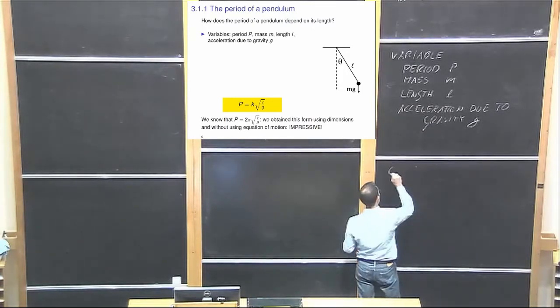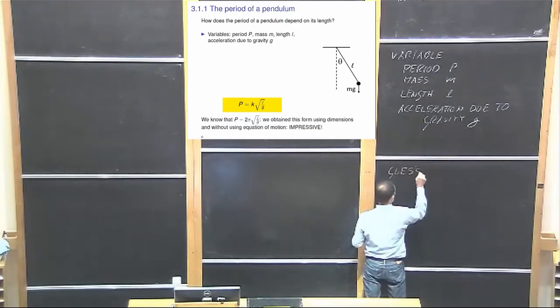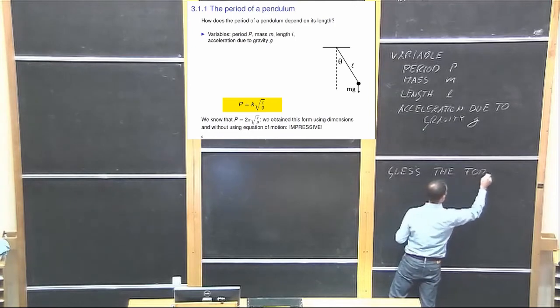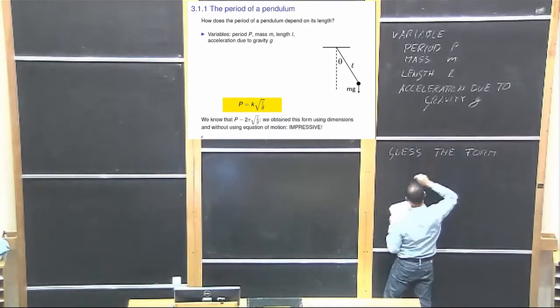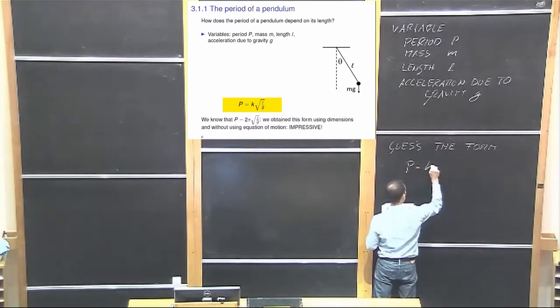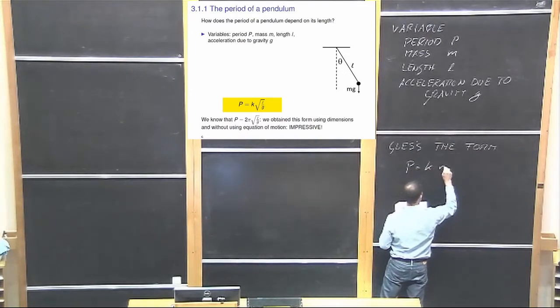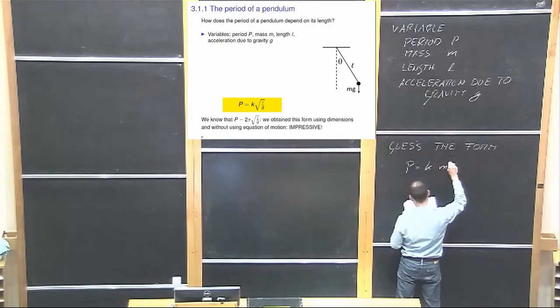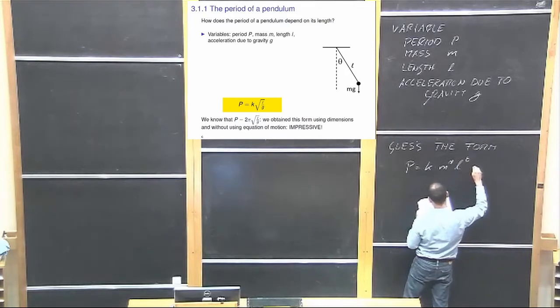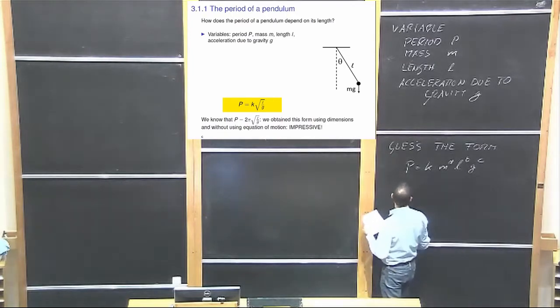So let's guess the form. We have the period P is some kind of constant K times mass to the A times L to the B times g to the C. We assume some kind of power law in there.